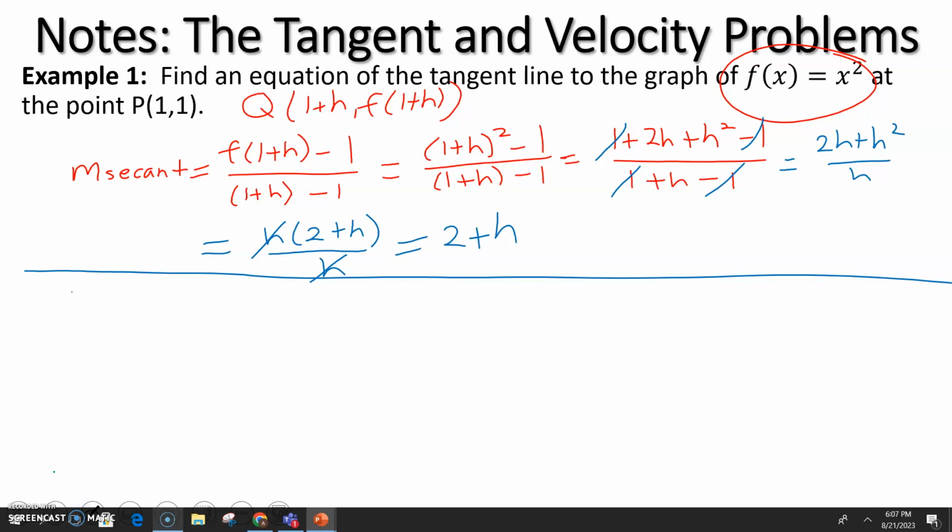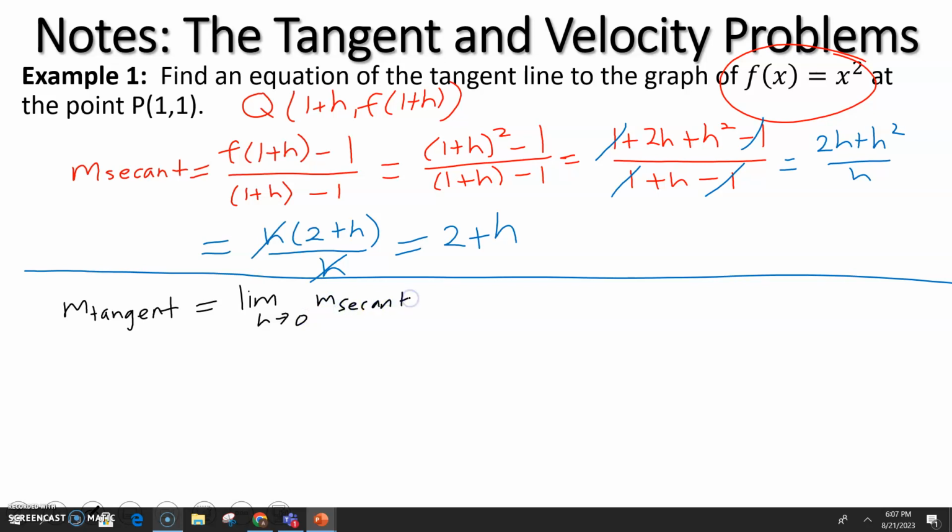Now we're going to add something. We also learned on Friday that in order to write an equation, we need a slope, and the tangent slope is given by taking the limit as h approaches 0 of our secant slope.